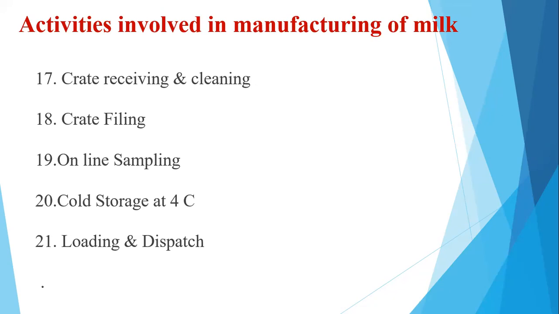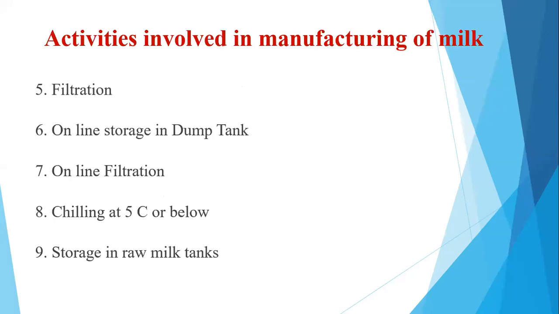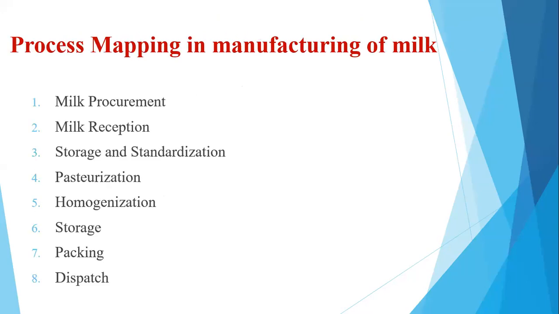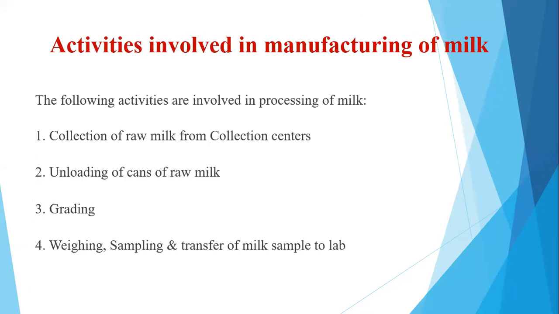So these are the different activities. We identified first in the manufacturing process 8 major steps. Okay, so this is what we have looked into, the processes, and then we identified the activities.